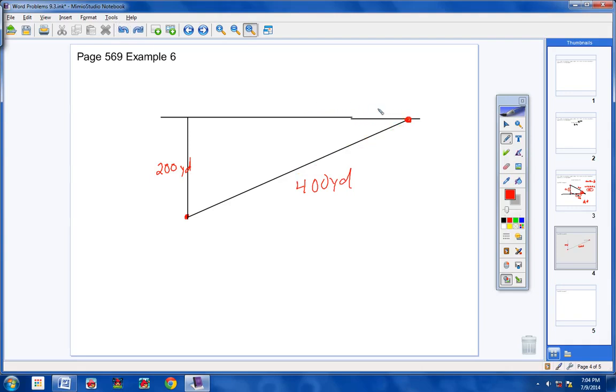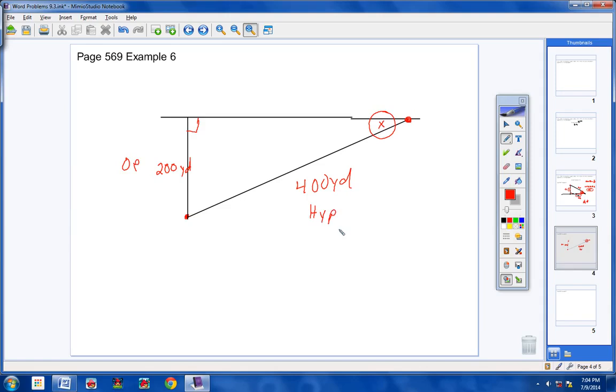So with that in mind, we're going to call this angle X. Now, let's think about this. Here's the angle you're dealing with. We know that we have a right triangle, okay? And if this is the angle we're dealing with, if we go straight across, this is my opposite side, and this is my hypotenuse.